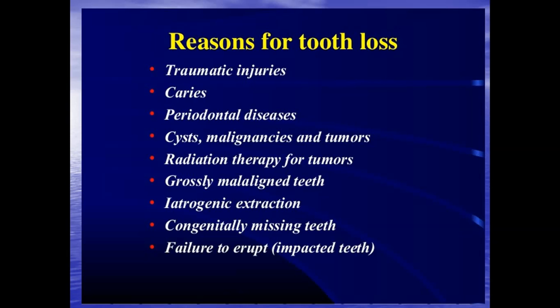So these teeth which did not appear or did not erupt are called the cause of primary edentia. The other cases, when the teeth were formed, erupted, came into the dental arch, and then were extracted, are the cases of secondary edentia. Definitely, secondary edentia is most common.